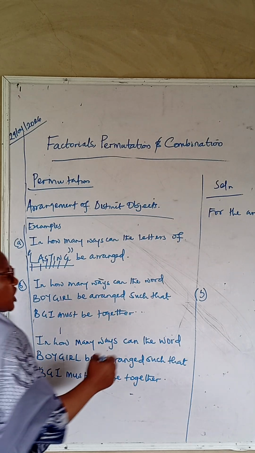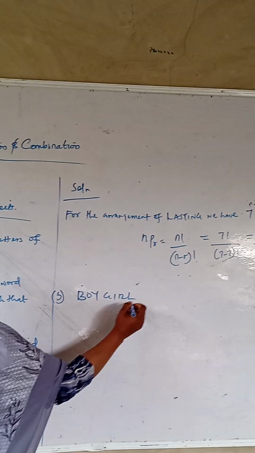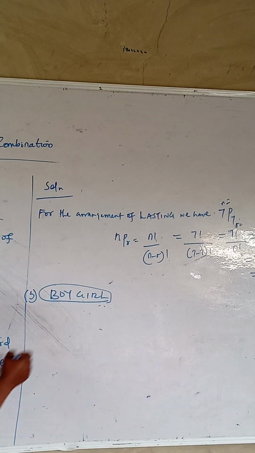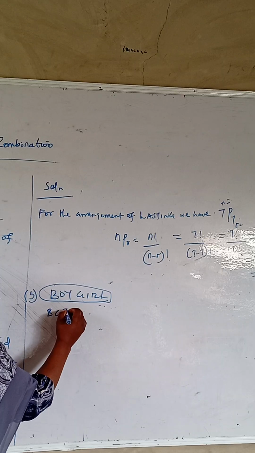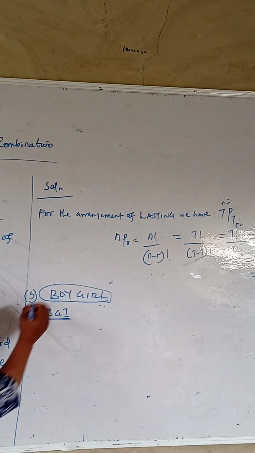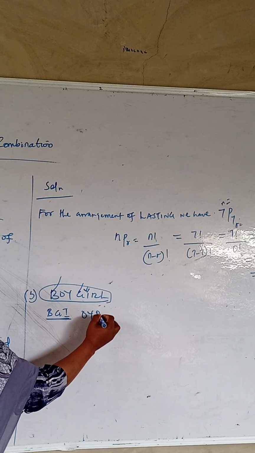So now let's check it out. You have boy girl, but we are not arranging boy girl as it were. We are arranging BGI because they said this and this must be together, right? So after picking BGI, what do you have left? You have OYRL.